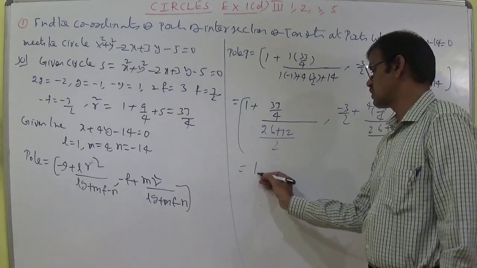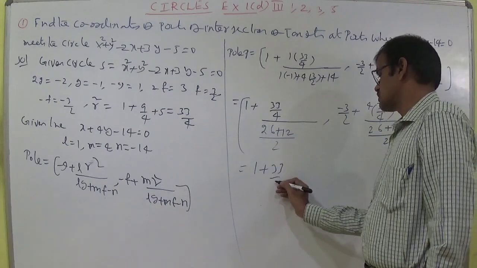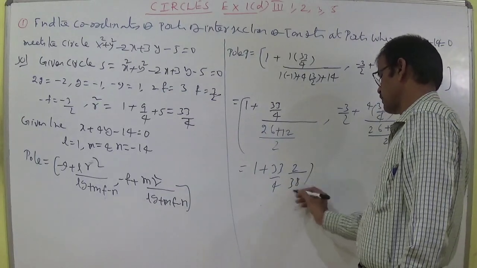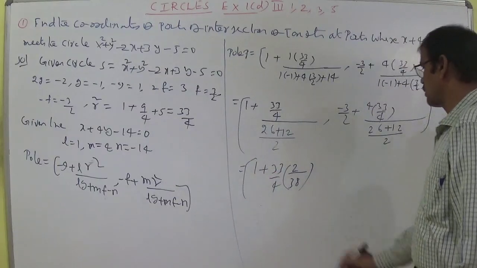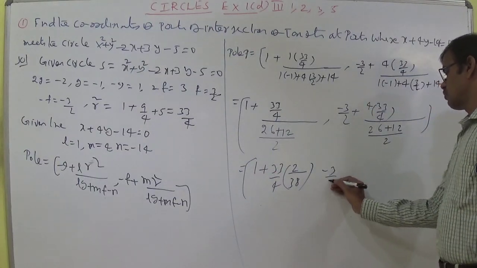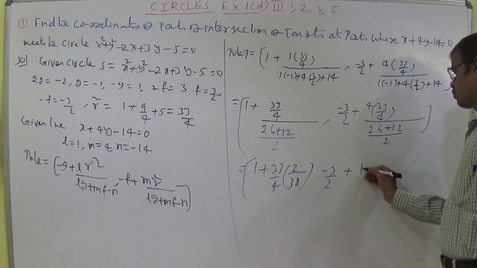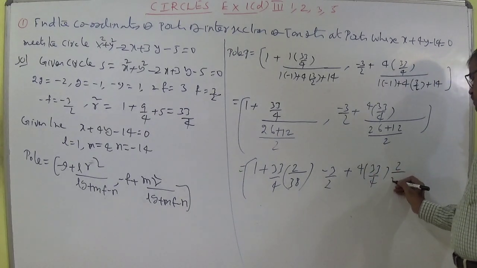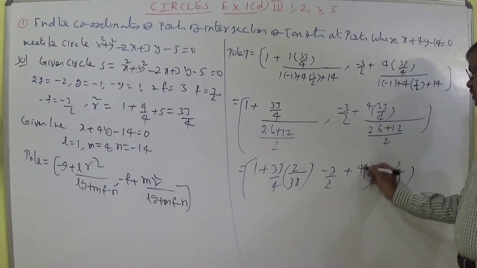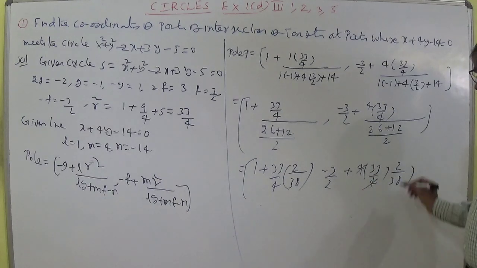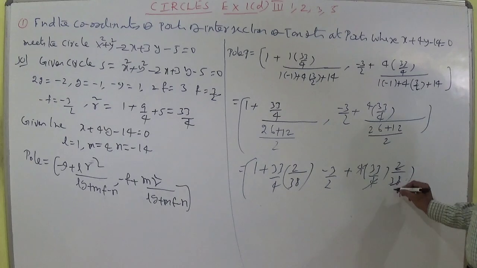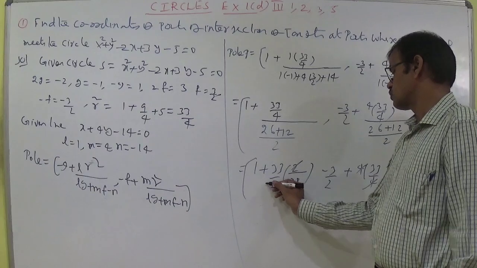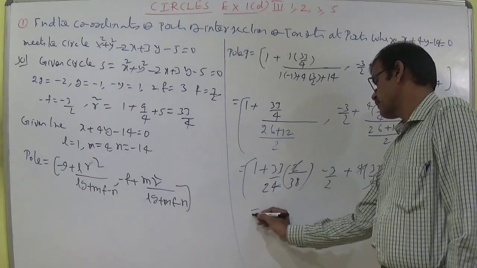So you can write 1 plus 33 by 4 into 2 by 38, comma, minus 3 by 2 plus 4 into 33 by 4 into 2 by 38. Here the 4 gets cancelled, and 2 gets cancelled as 19 times.